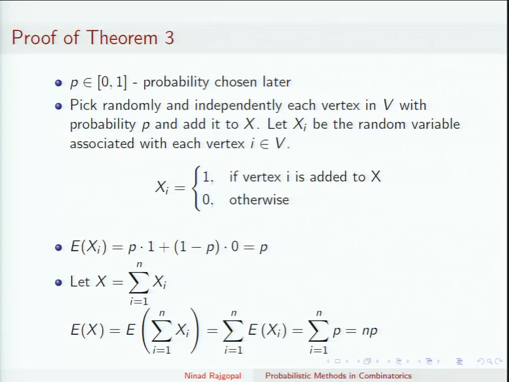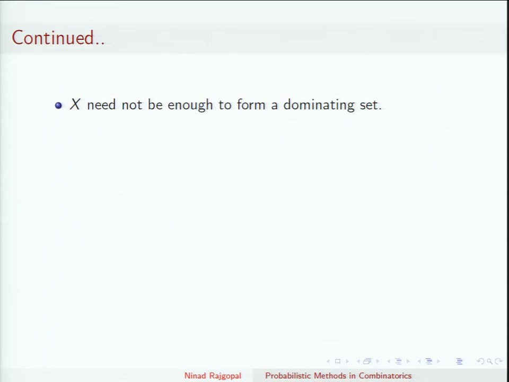Yes, of course. We are looking at the minimum size. So the minimum size is upper bounded by this for any graph. For any given graph, if I look at the minimum size, it is upper bounded by this. So will this random subset which I have chosen form a dominating set?